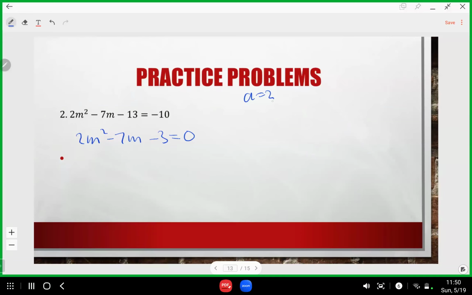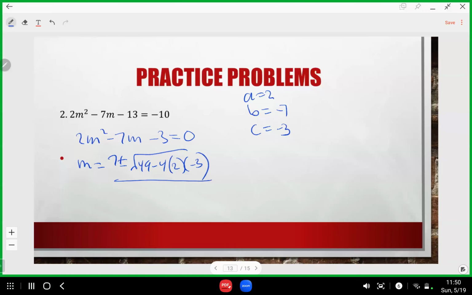A is equal to 2, B is equal to negative 7, C is equal to negative 3. x is equal to negative B, which is just positive 7, plus or minus the square root of 49 minus 4 times 2 times negative 3, over 2 times 2, right?